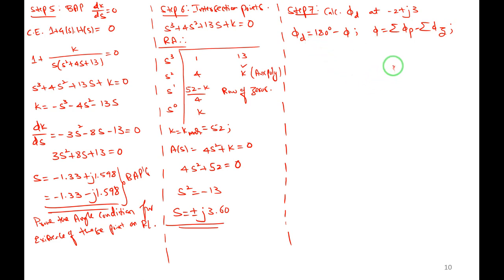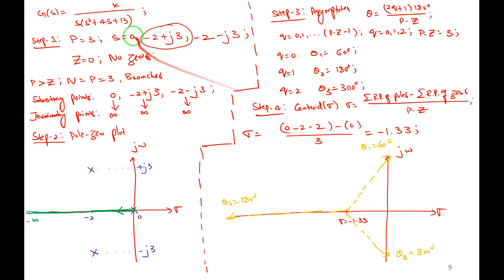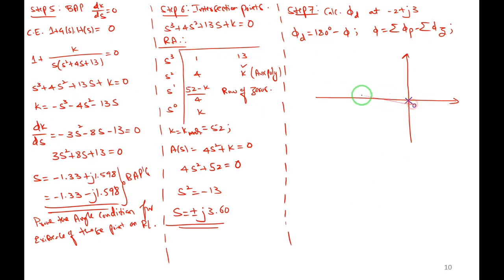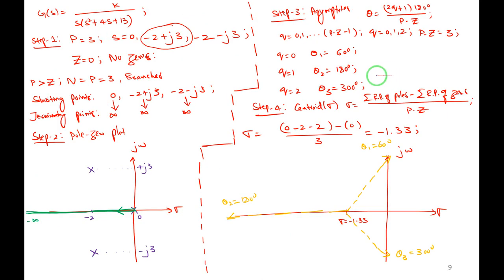You look at all the poles and zeros. Yes, at 0 one of the poles is there. At minus 2 plus j3, minus 2 is here, plus j3, and minus 2 minus j3. I have located all the poles, three poles.